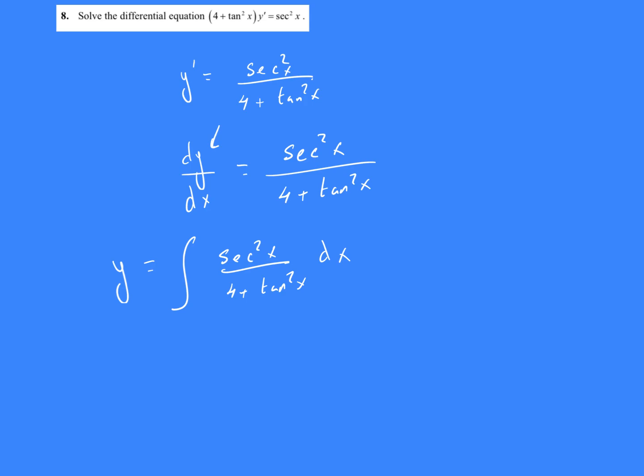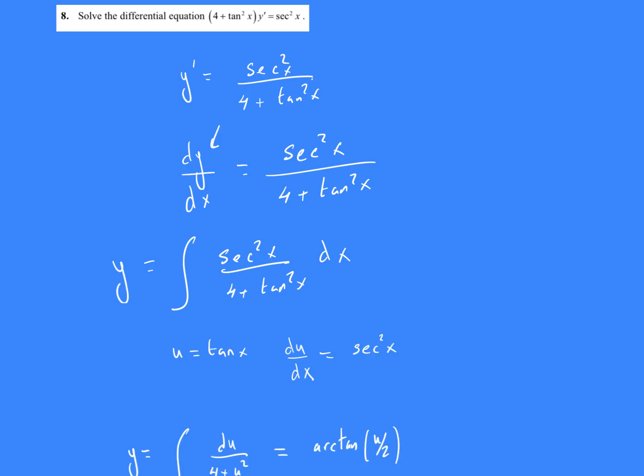Now this integral can be done by substitution. Let's name u equal tangent x. If u equals tangent x, the derivative of u with respect to x is 1 divided by cosine squared of x, or secant squared of x.